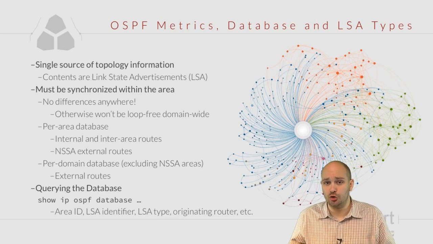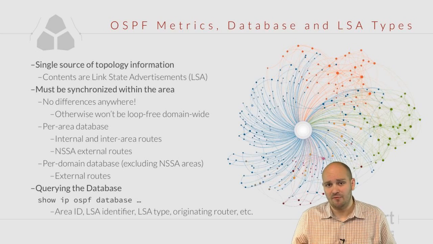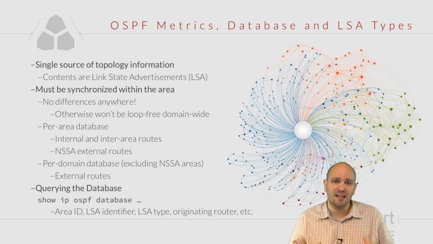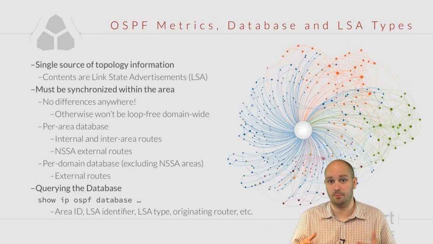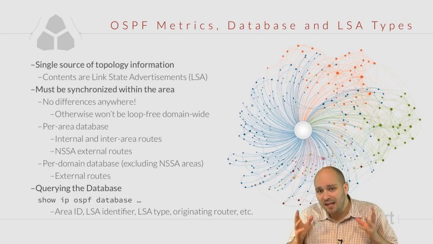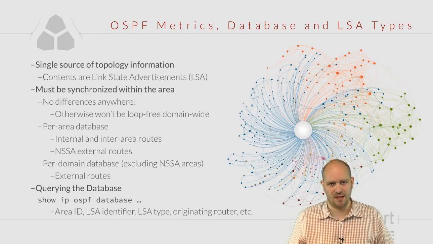By design in OSPF, we shouldn't see any discrepancies. But if we encounter them, we know we are dealing with some problem, with some bug, that is something that you cannot solve yourself. If that was permitted, that could lead to terrible, terrible loops in our network.